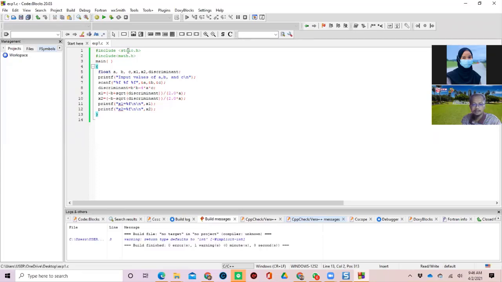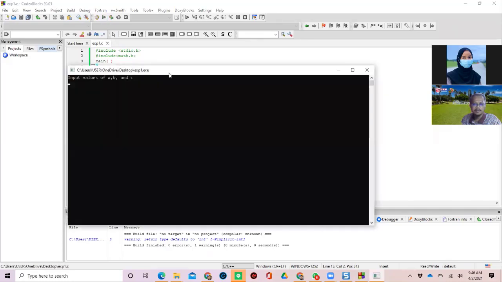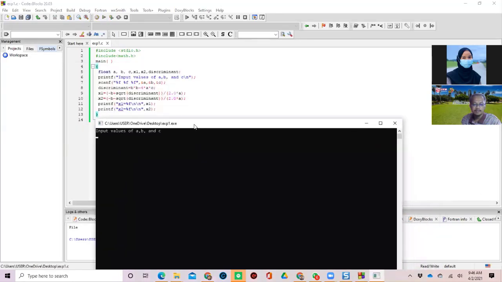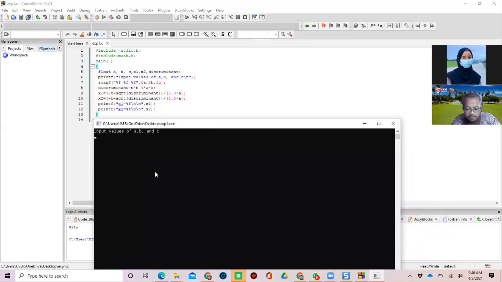Input value A, B, and C: 2.0, 3.0, 4.0. X equals, now what happened here?